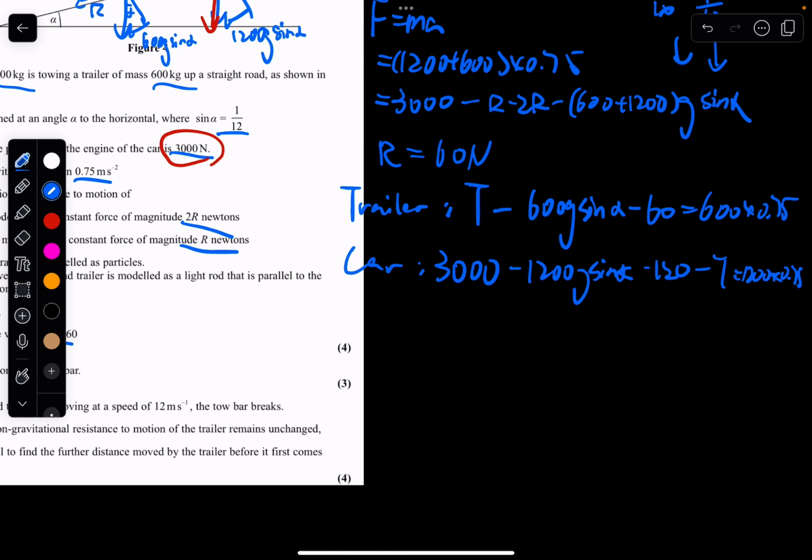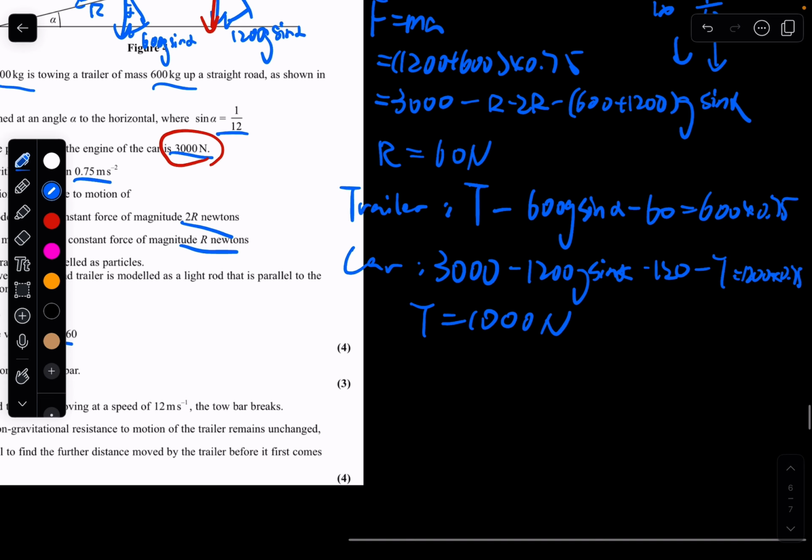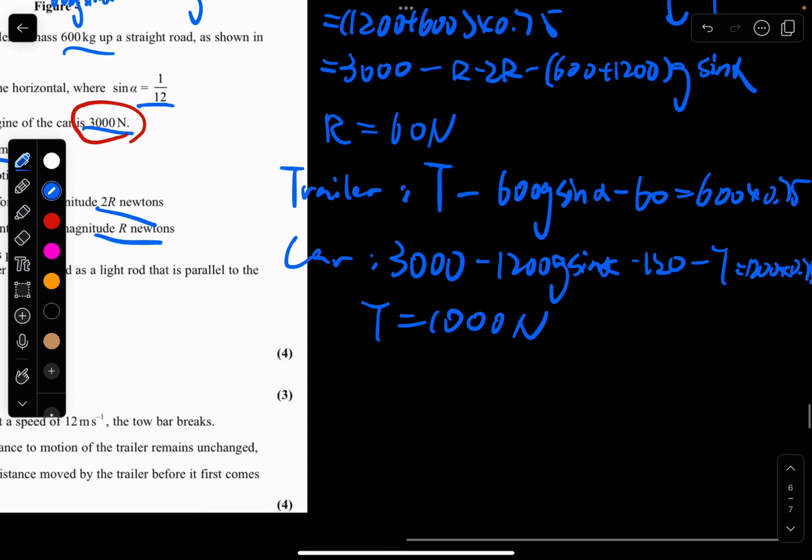Then just solve the simultaneous equations, and you'll get T equals 1000 newtons. Sorry, I'm not calculating all of this, but the rest should be easy, I hope.